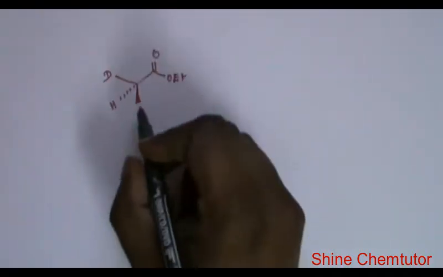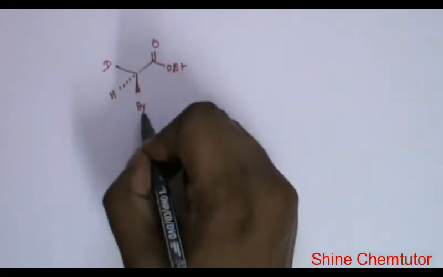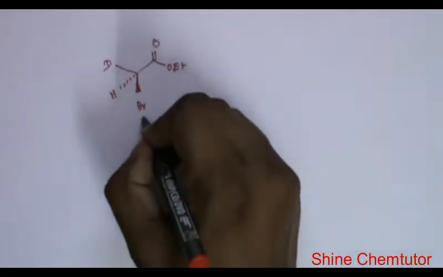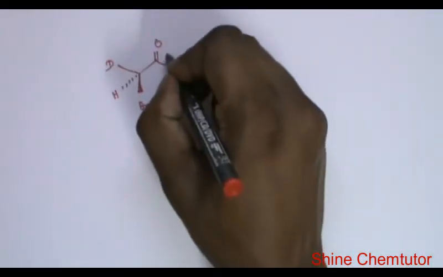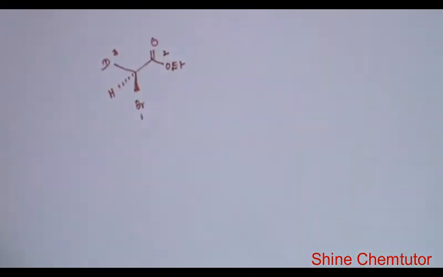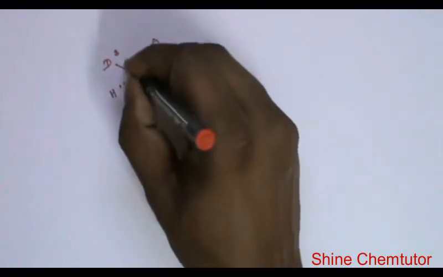Now I have written the compound in this format so that it will be easy for me. So now I check whether it is S configuration. It should be S. Let us try that. 1, 2, 3. So you can see it is anti-clockwise direction. So this is the compound that has been given as starting material.